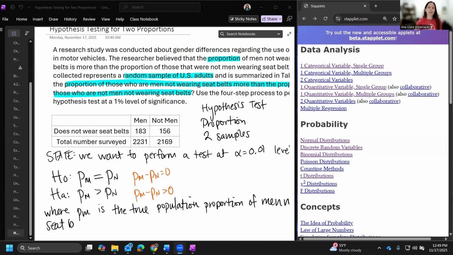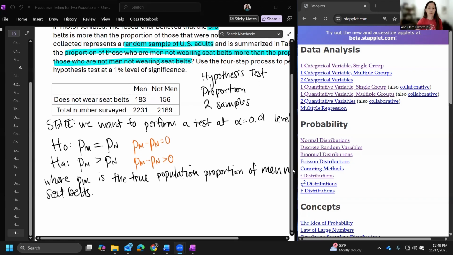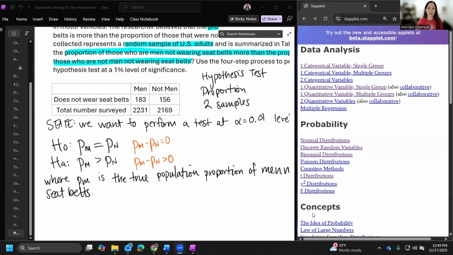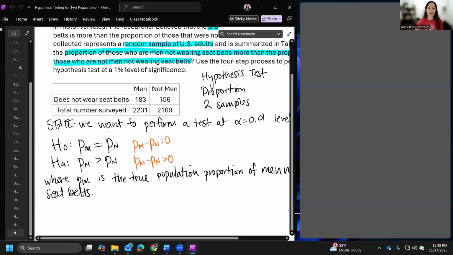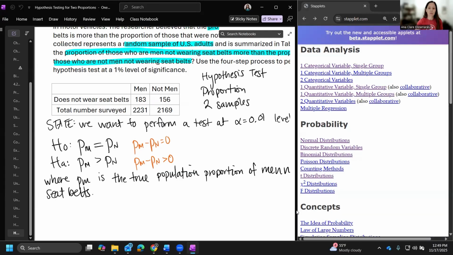And then PN, let me scroll down just a little bit, is going to be not men not wearing seatbelts. Pull this over a little bit.